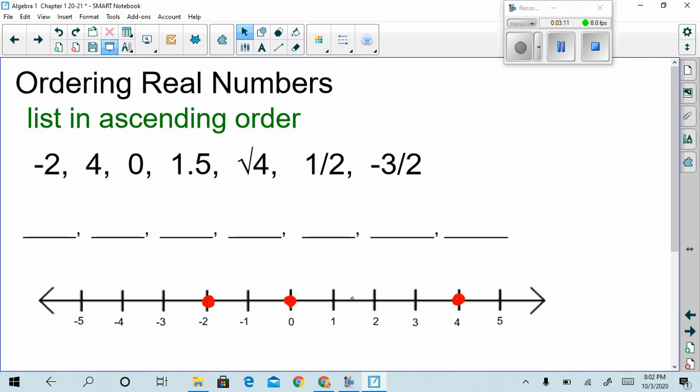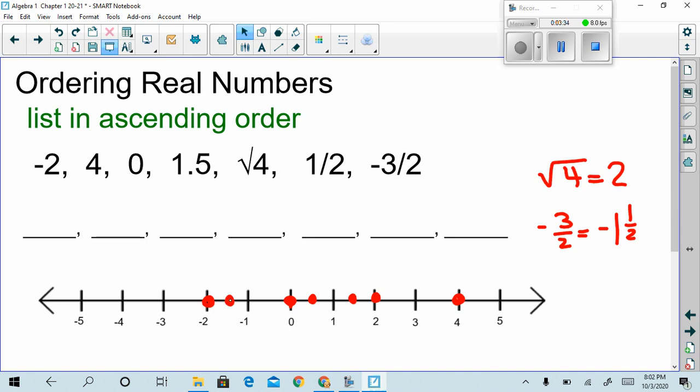One and 5/10 will fall halfway between 1 and 2. The square root of 4 can be simplified to 2. I have 1/2, which is the midpoint right here. And then I have my -3/2, which if I wanted to, I could represent as this mixed number. So there are my points.